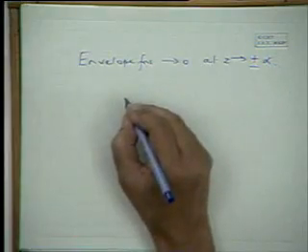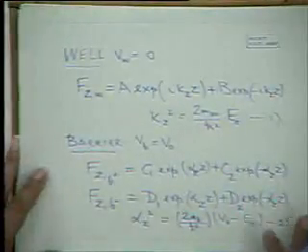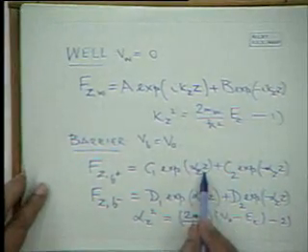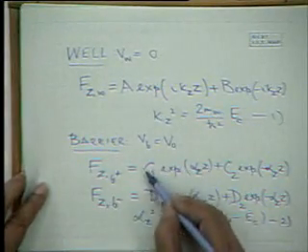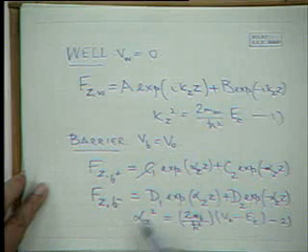So if you look at this, then obviously at z equal to plus infinity, this blows up. Then obviously this must be equal to 0.